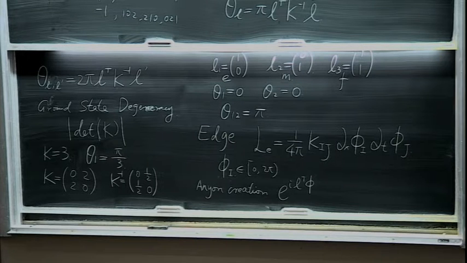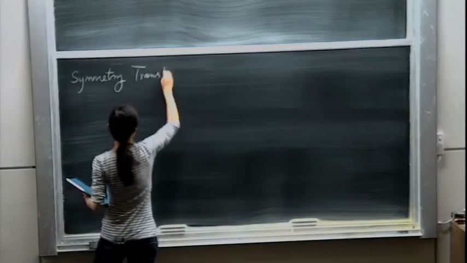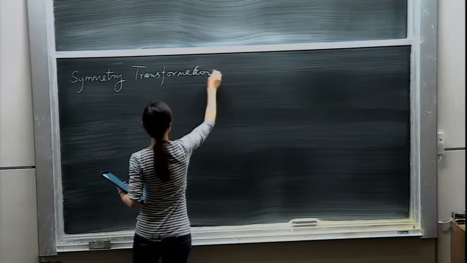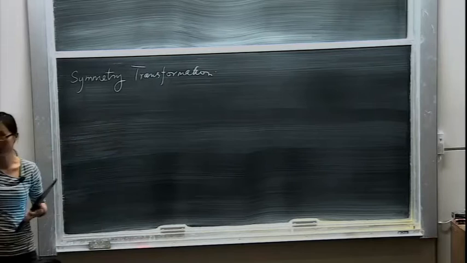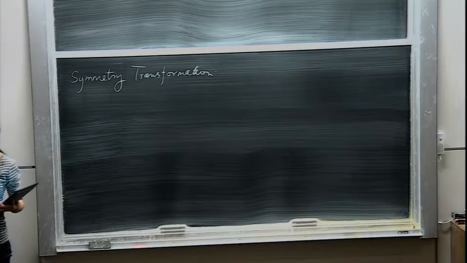All right, so now we have this formalism, we can start to talk about symmetries. Symmetry transformation of this topological theory can be given in terms of these phi fields.